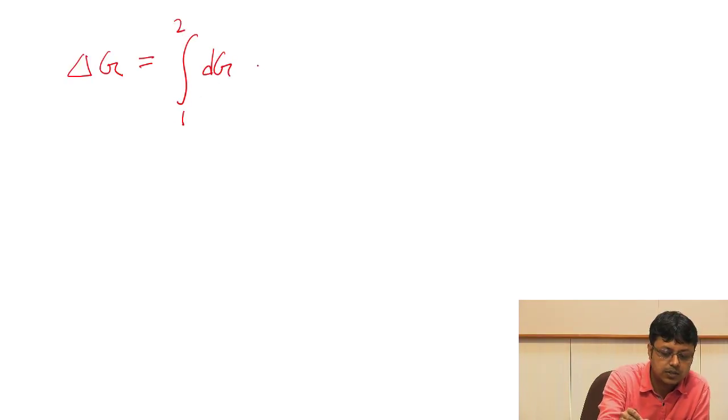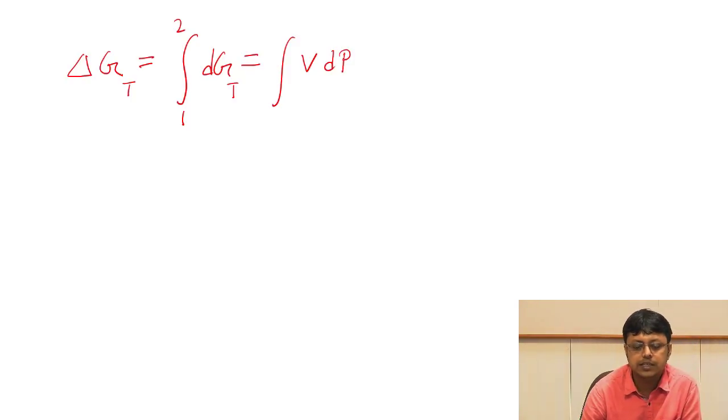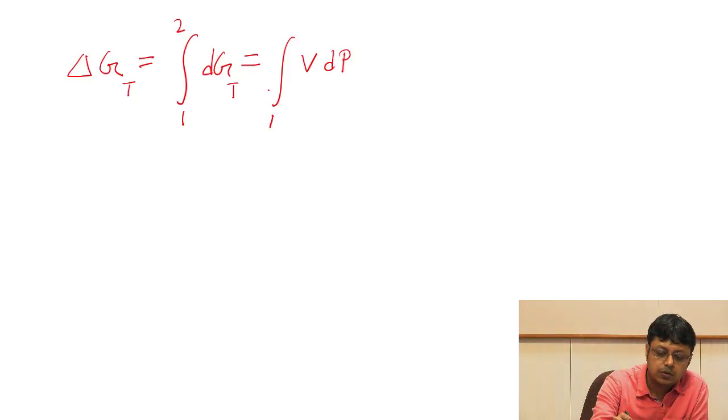So dG between state 1 and 2, if we consider a constant temperature process, will be nothing but the integral of V dP, because dG was V dP minus S dT. So we have volume from 1 to 2, and if we are considering molar volume, we can use either the subscript m or G bar, whichever is fine.